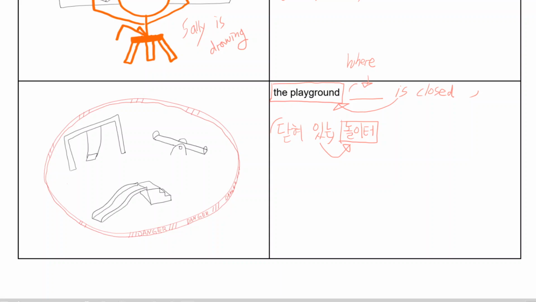But as you can guess, it might be wrong, right? So if the noun is a place, you have to say where. That is a wrong rule, right?